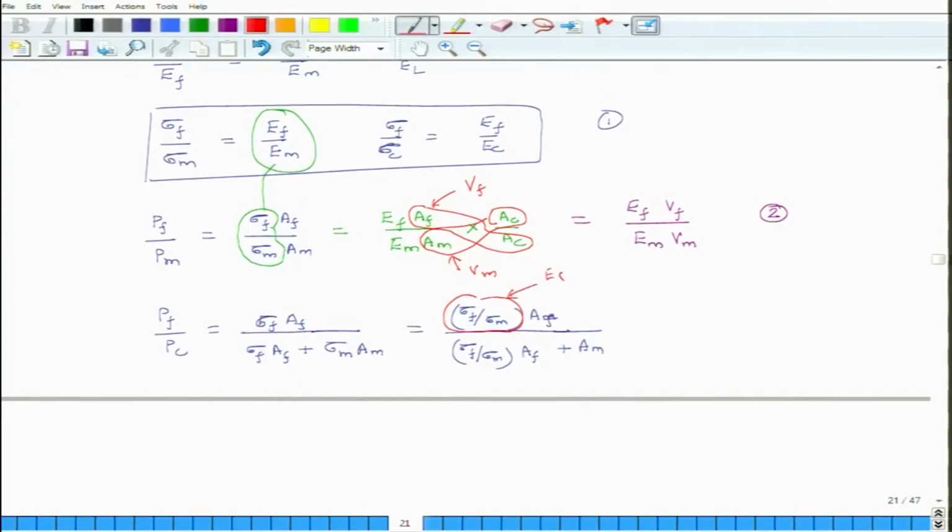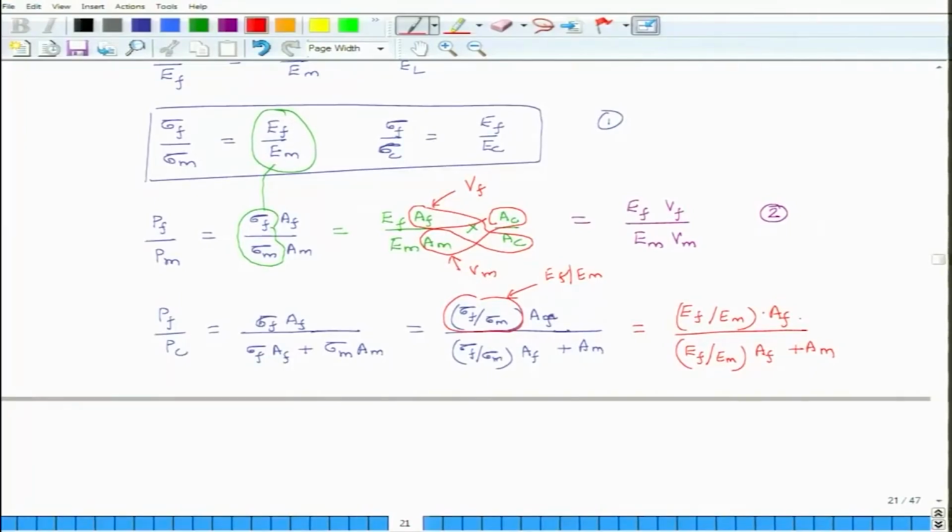It is Ef by Em, right. So, what you get is Ef by Em times Af by Ef by Em times Af plus Am, right.